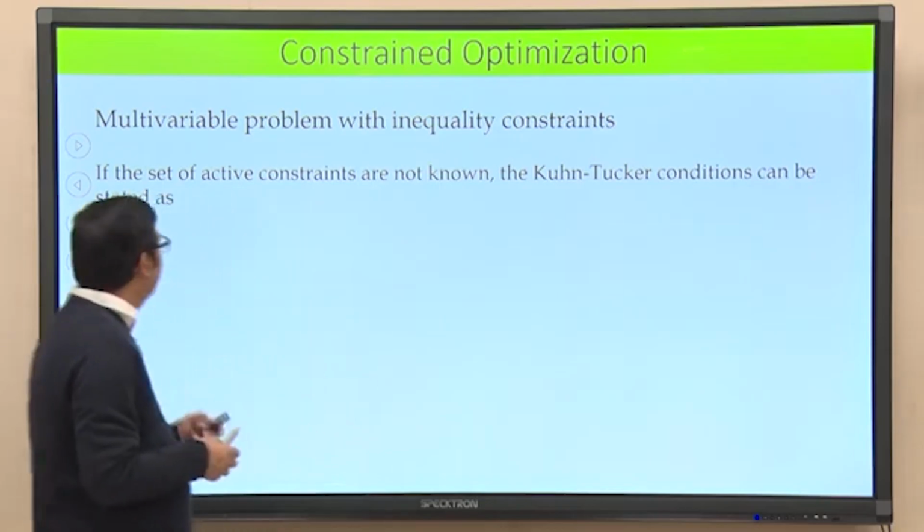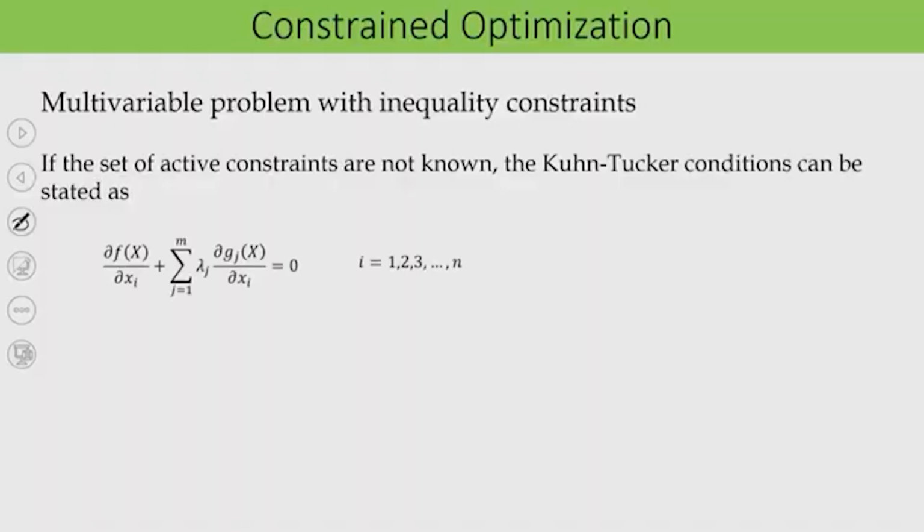In that case, if the set of active constraints is not known, the Kuhn-Tucker condition can be stated as del f by del x i plus the sum over j equal to 1 to m of lambda j del g j by del x i equal to 0, then lambda j z j equal to 0, then z j less than or equal to 0, and then lambda j greater than or equal to 0.